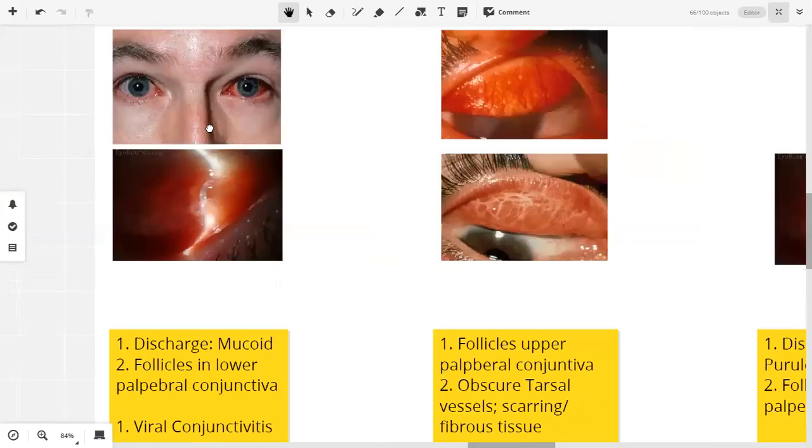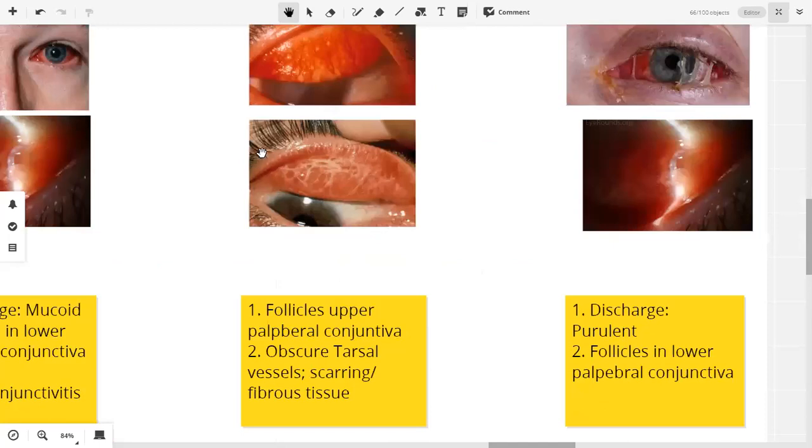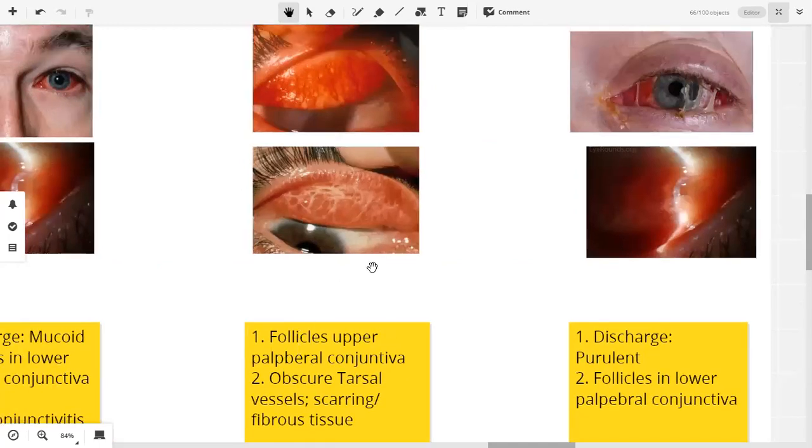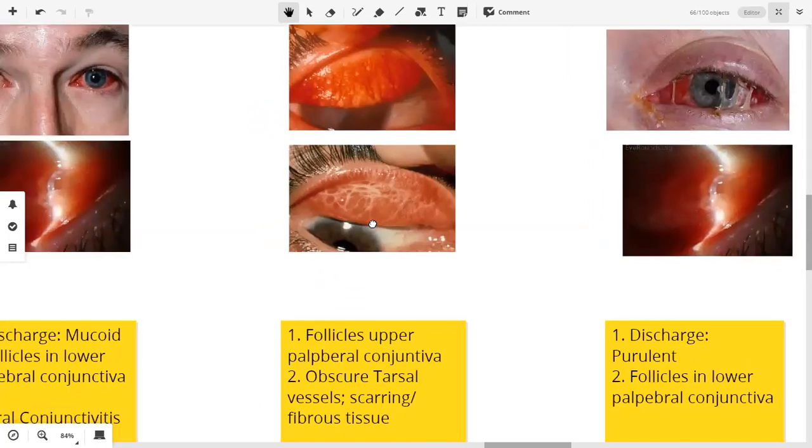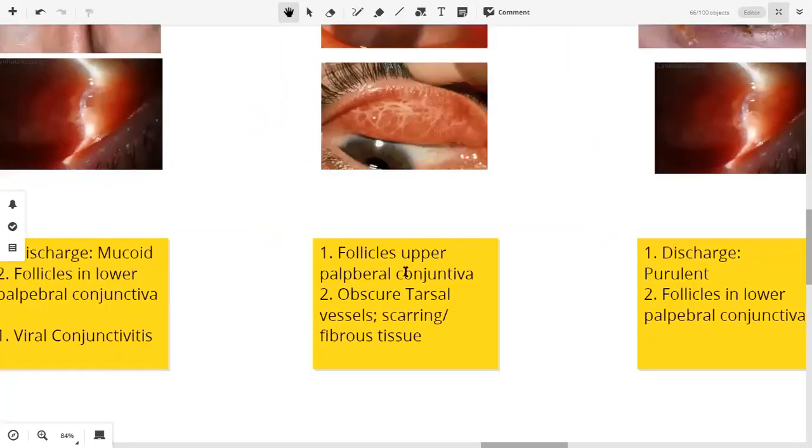Our second case: follicles in the upper palpebral conjunctiva, obscure tarsal vessels, scarring, and fibrous tissue. What do you think the diagnosis is in this case? Trachoma. Our second case, very important, is trachoma.